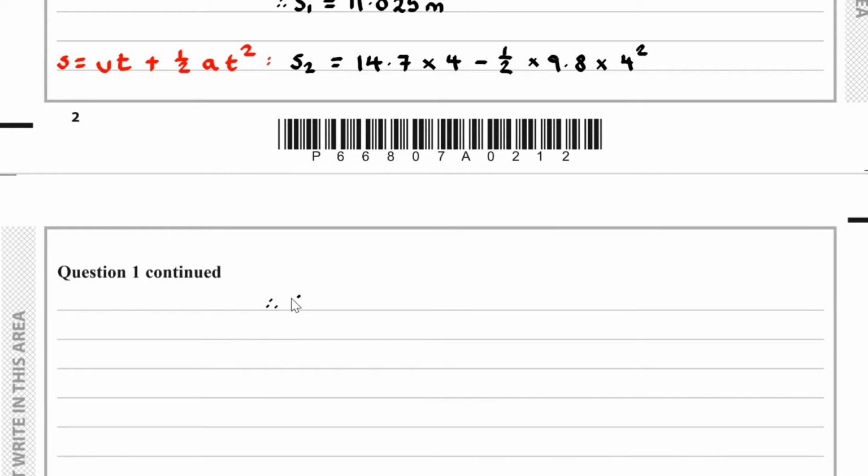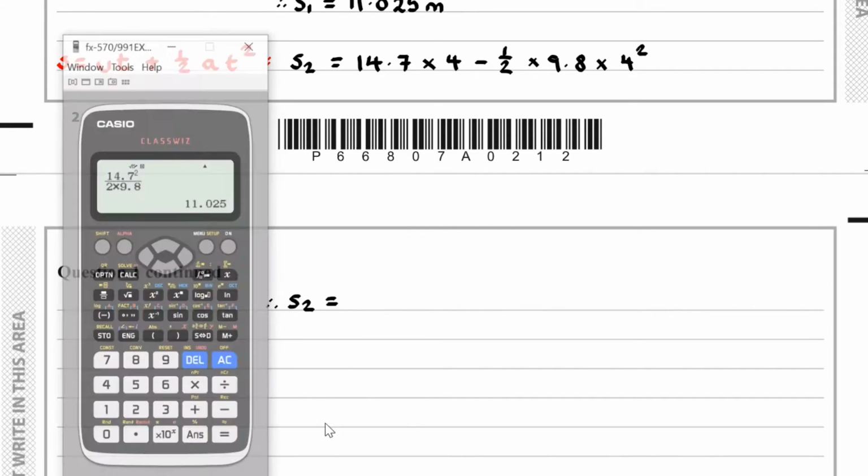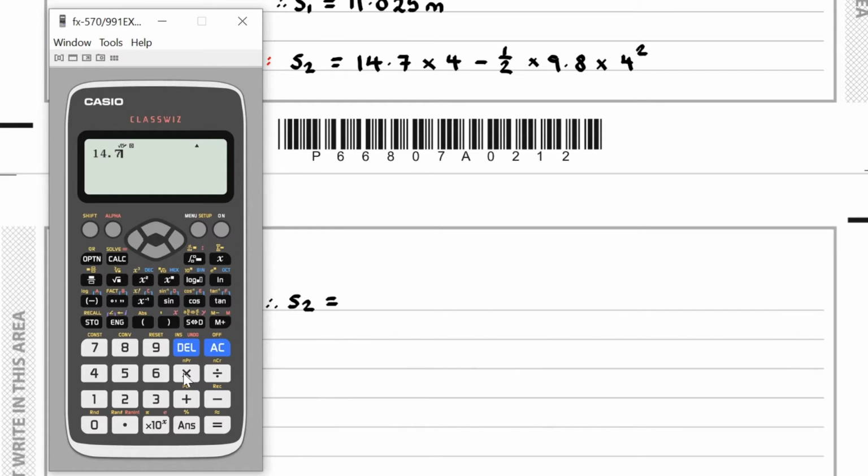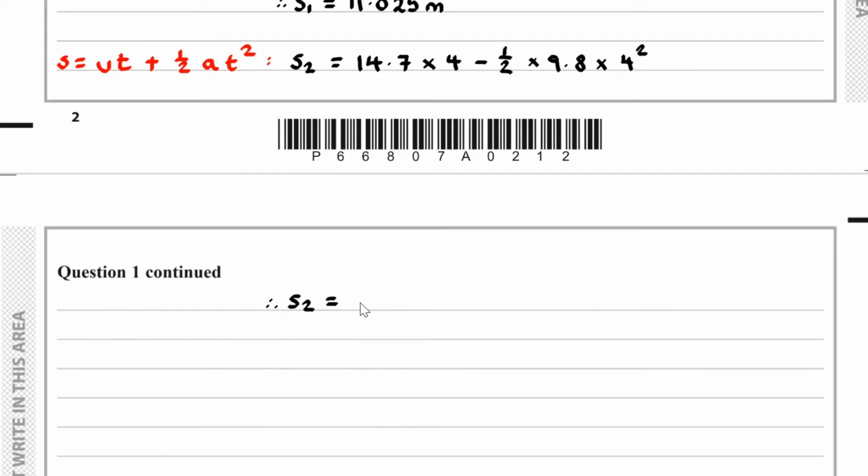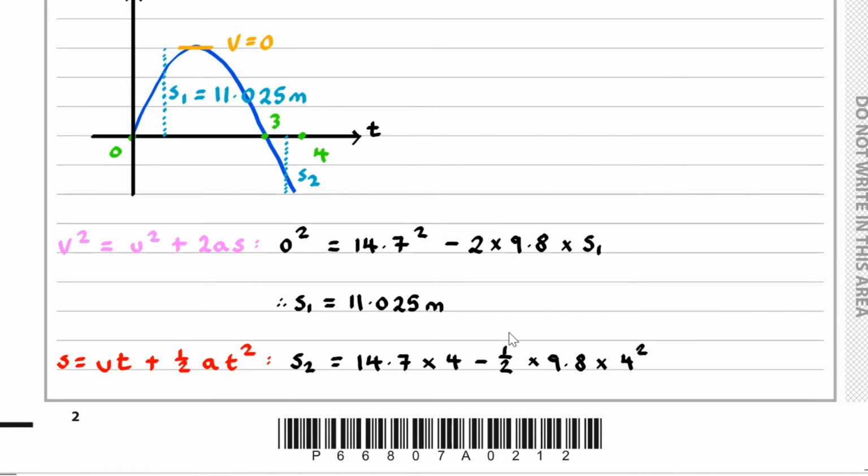So therefore, if we calculate this, we end up with minus 19.6. So the distance is 19.6 meters. Minus 19.6 is the displacement. So the distance then is equal to 19.6 meters.